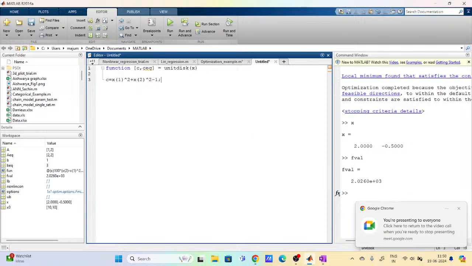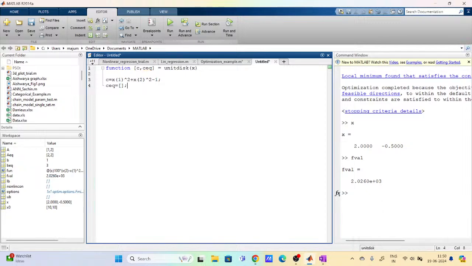Since there is no nonlinear equality, ceq is just a blank matrix. Okay, your task is done. So this is how you can create a MATLAB function file for nonlinear constraint.